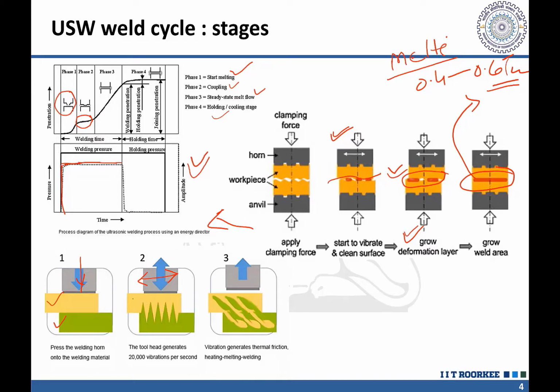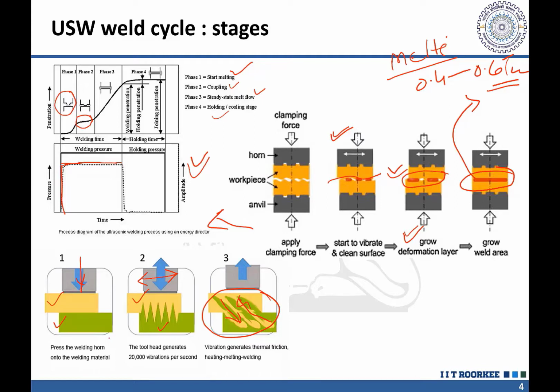The melting takes place on both sides, and due to the relative motion, intermixing of the metal from the two sides will be taking place, and eventually on holding and cooling, the joint is formed in case of the polymeric material.